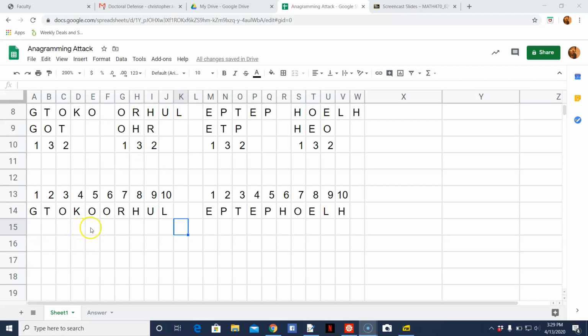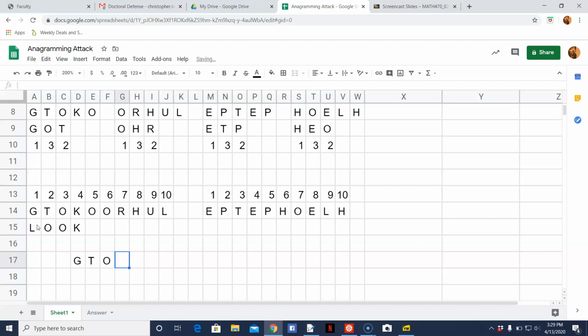All right, so I'm going to pull out a word that I see. All right, now that leaves me with a G. I haven't used the T. I've used that.